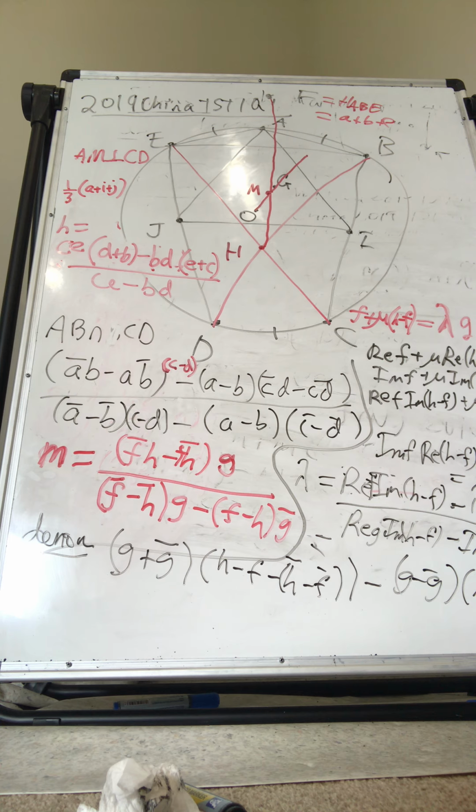Make DC one of the axes, I guess. Because DC, you're trying to prove it's perpendicular. Okay, then you're proving it's just imaginary, right?